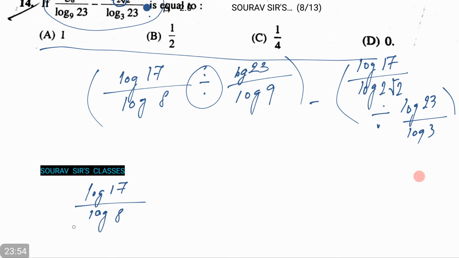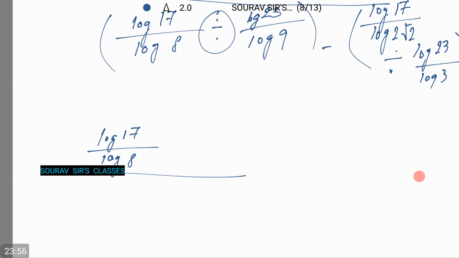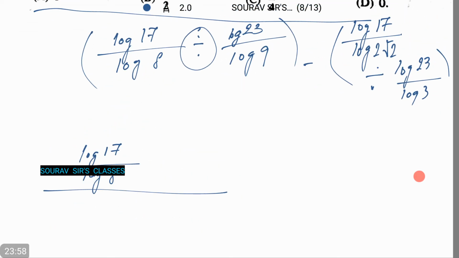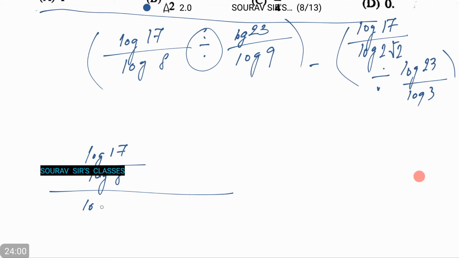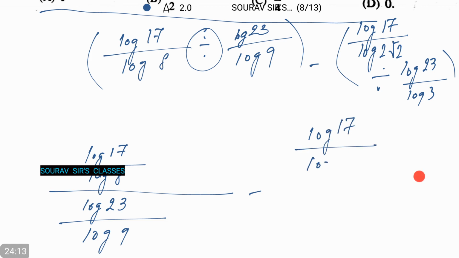Log 17 by log 8, by a big by, we have log 23 by log 9, and we negate log 17 again by log 2 root 2 by log 23 by log 3.